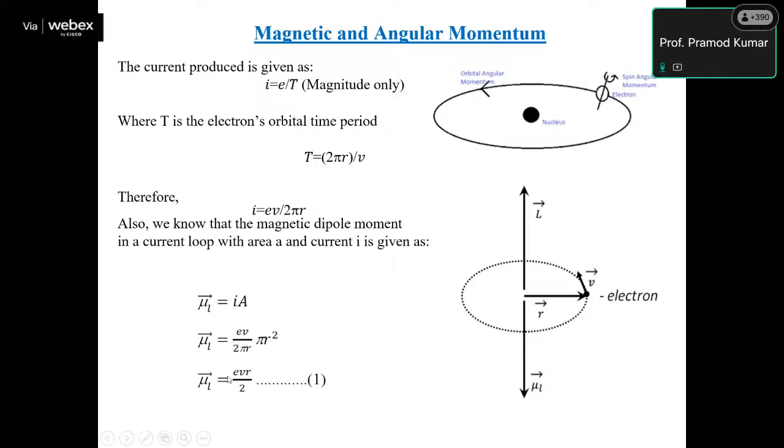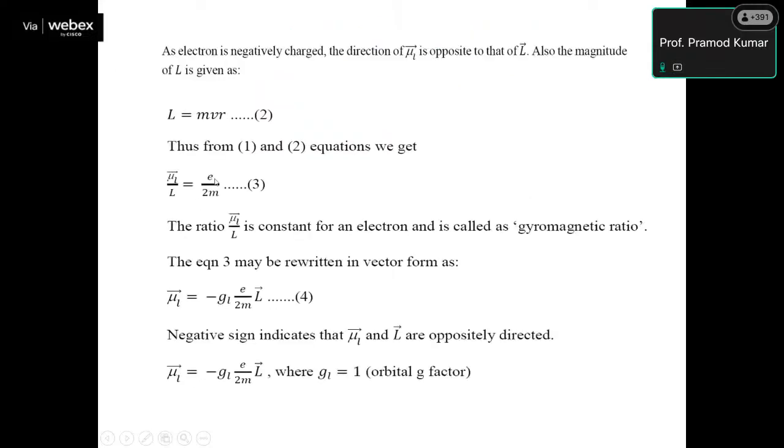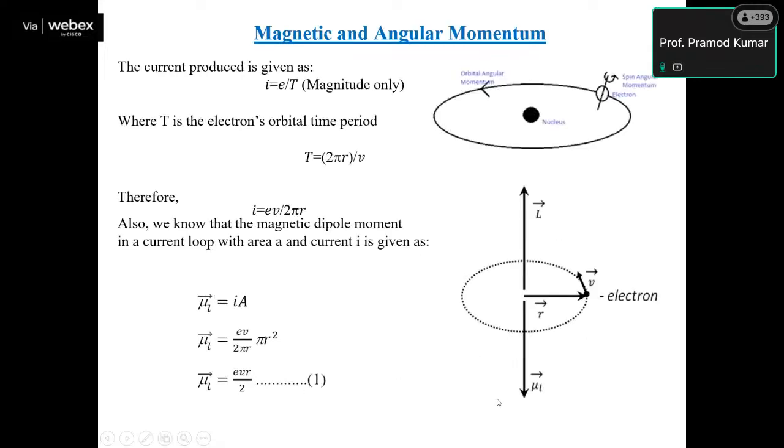If we divide mu L by L, we get mu L by L equals e by 2m. Because this is just a proportionality constant, we get one constant, and when we equate, we get mu L equals minus g_L e by 2m times the vector L. The minus sign indicates that this generated dipole magnetic moment is exactly opposite to the orbital angular momentum.